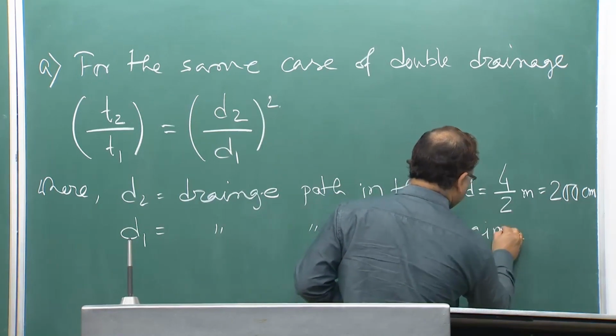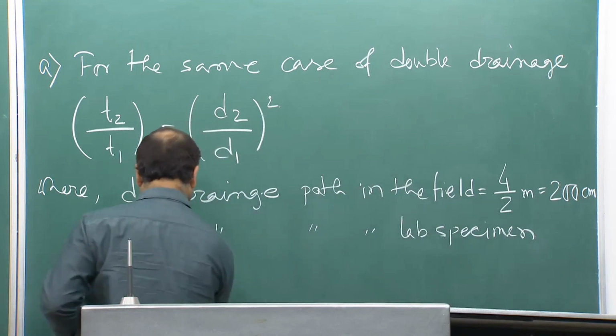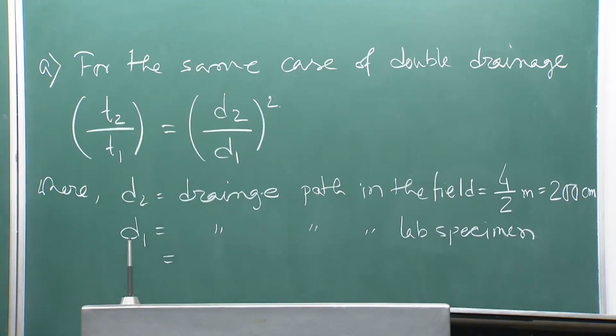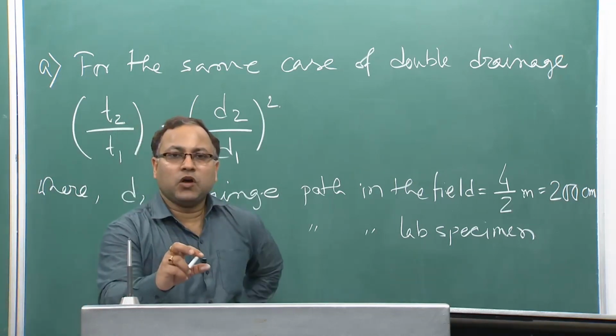Then D1, that is the drainage path in lab specimen, will be how much? D1 will be, so 24 millimeter is the thickness of the lab specimen.